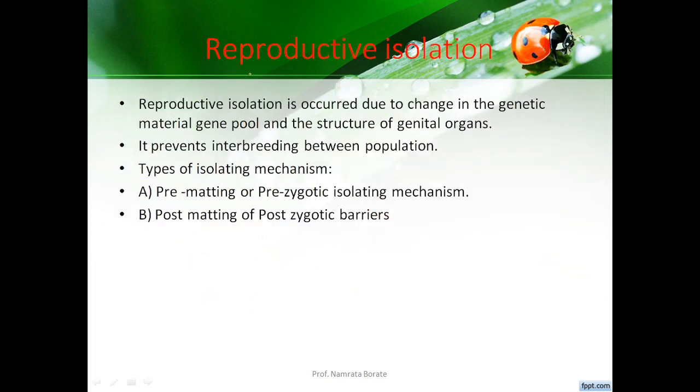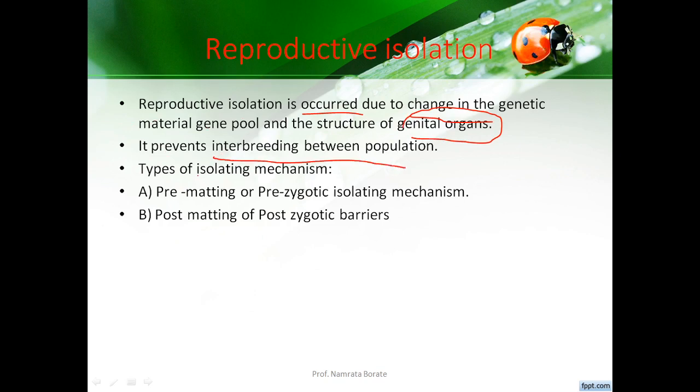The second form of isolation is reproductive isolation. Reproductive isolation occurs due to changes in the genetic material, the gene pool, and the structure of the genital organ, that is the reproductive organ. If there is a change in the reproductive organ, there is no interbreeding between the populations.